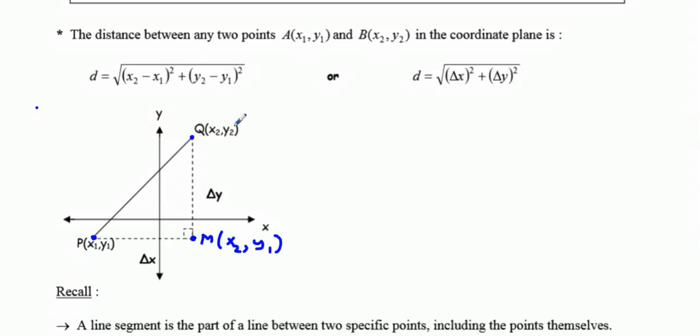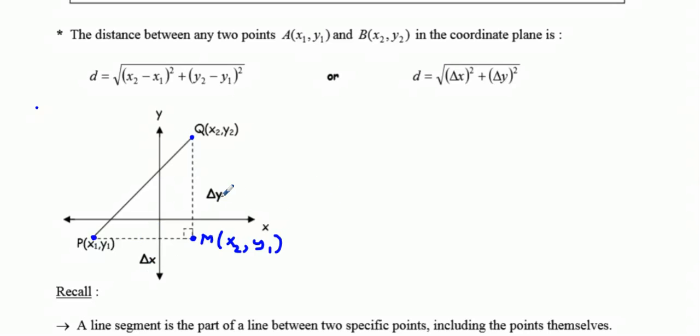And if we look at how we calculate the length of this line, we know that this is the hypotenuse of the right triangle, and using the Pythagorean theorem, we can just find the length of this side and square it, the length of this side and square it, and then take the square root of that.